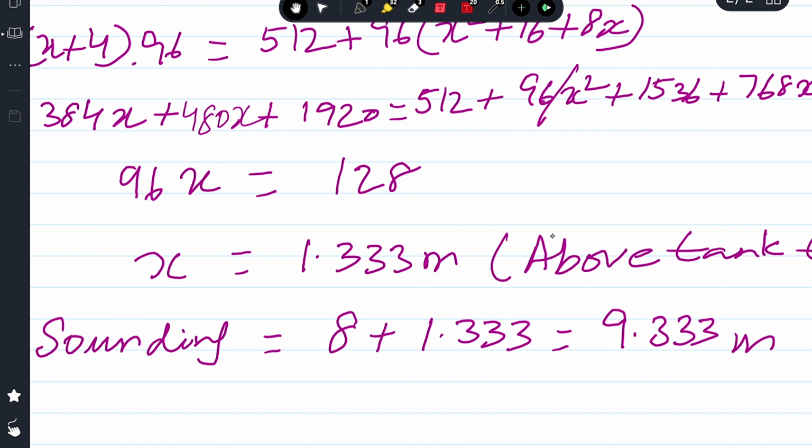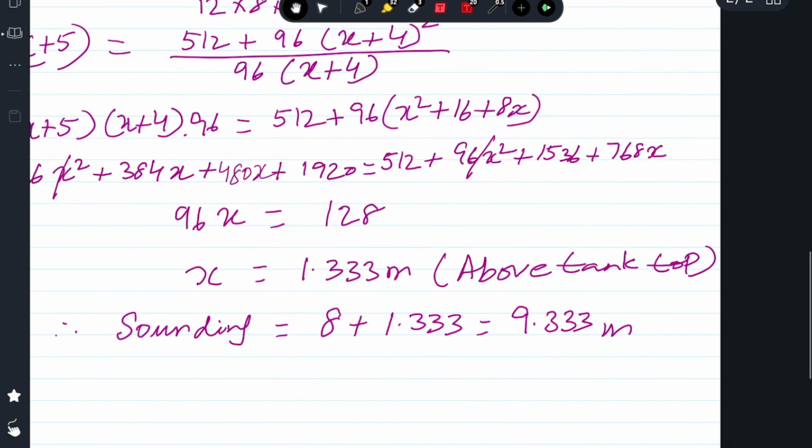So what is the total sounding? Sounding is from the water surface to the bottom of the tank. The total height of the tank is 8 meters and x is 1.33 meters above the tank top. So 8 plus 1.33 will give you 9.33 meters. This will be the sounding, from the water surface to the bottom of the tank.